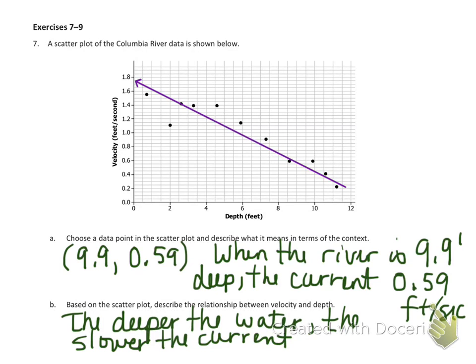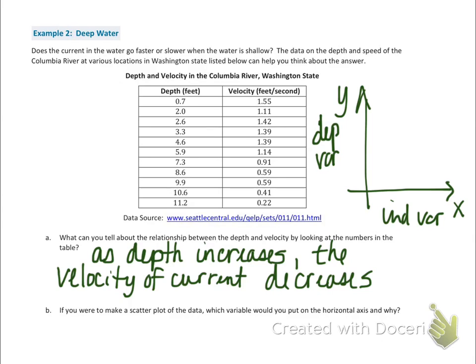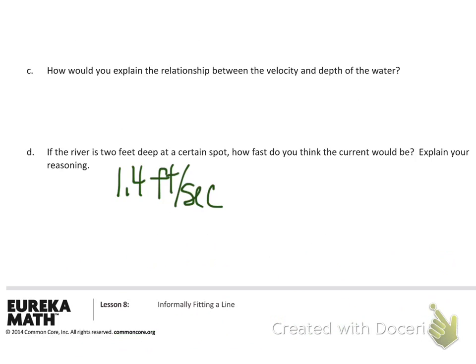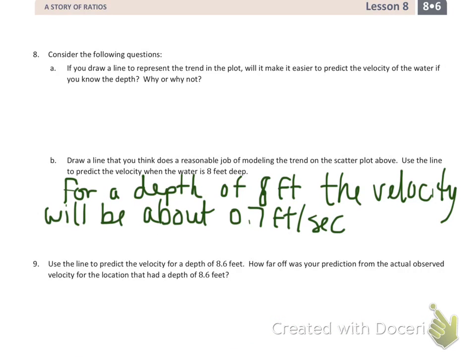So going to the data table, that one was about 0.59 or 0.6, and mine looks to be about 0.65 or something to that effect. How far off was your prediction from the actual? So I'll write my answer.